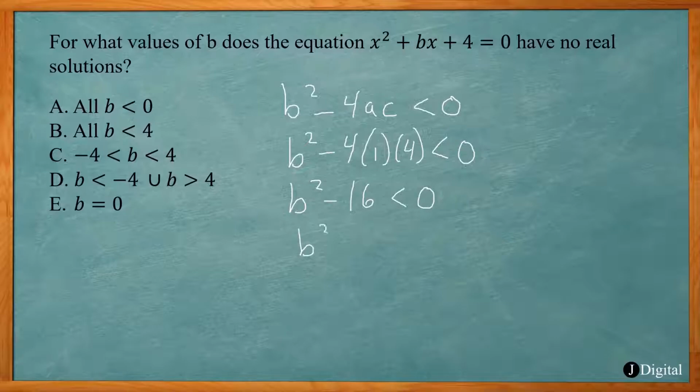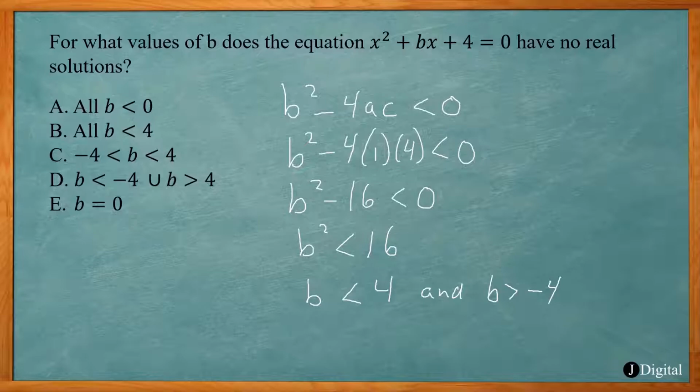Add the 16 to both sides, and then take the square root of both sides. You get b less than 4 and b greater than negative 4.